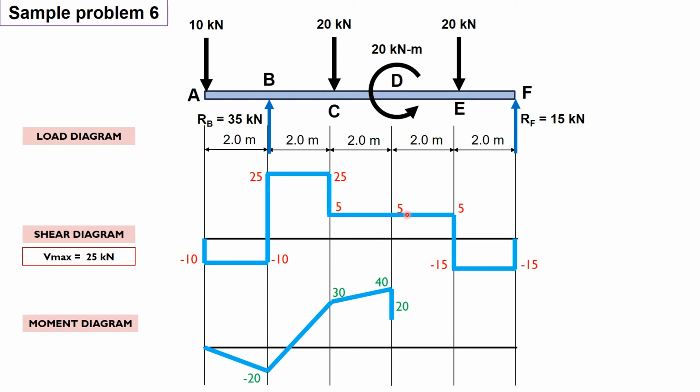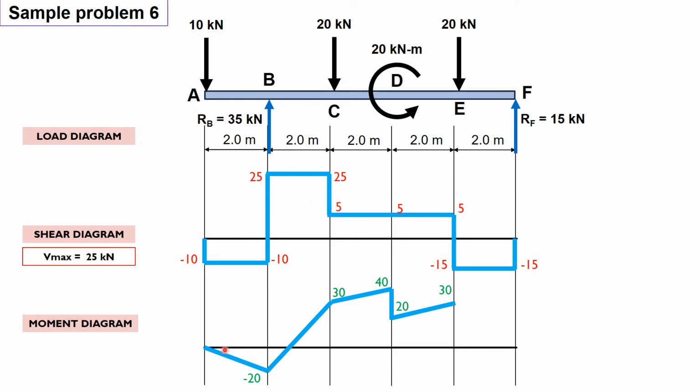Ang degree ng line mo dito ay 0. Kaya pag nag-drawing ka ng line from D to E, it will be a straight line which is higher than this. Or dahil 30 yung ordinate mo dito, katapat nito. And this is the line. Okay? So that ordinate is 30.